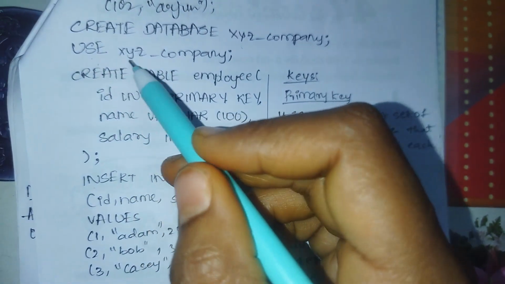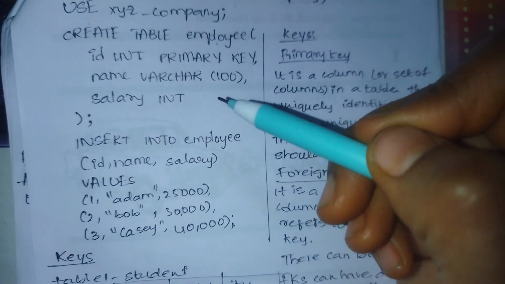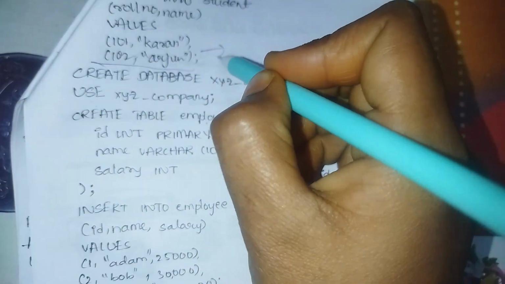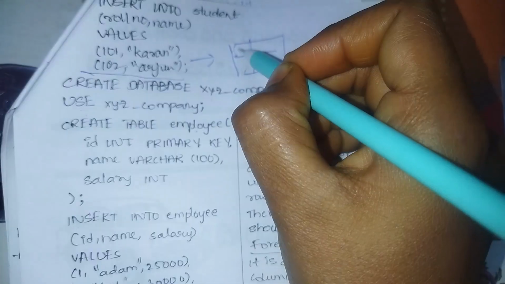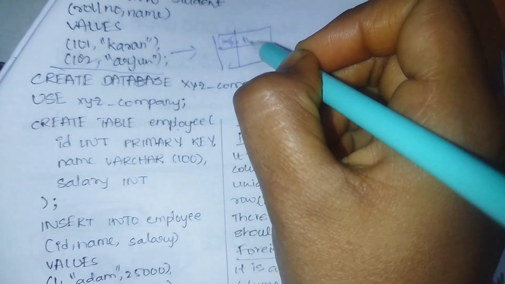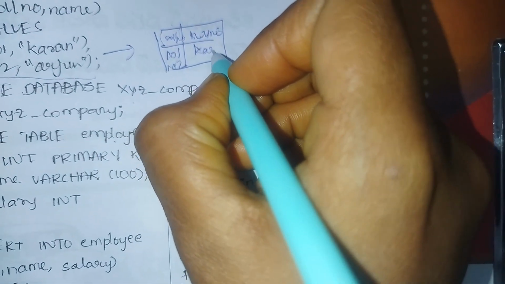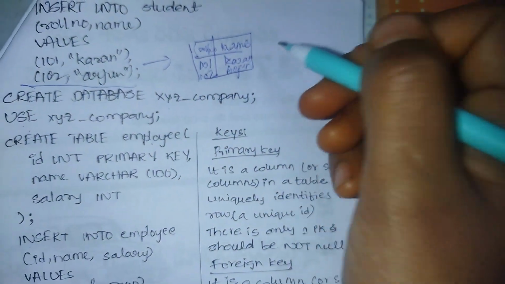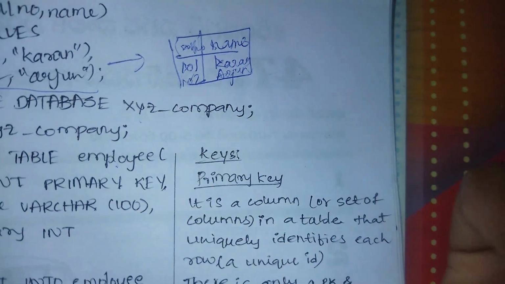Up to here the output looks like roll number and name. For roll number we have 101 and 102, Karan and Arjun. The output will look like this table format with the roll number and name values.